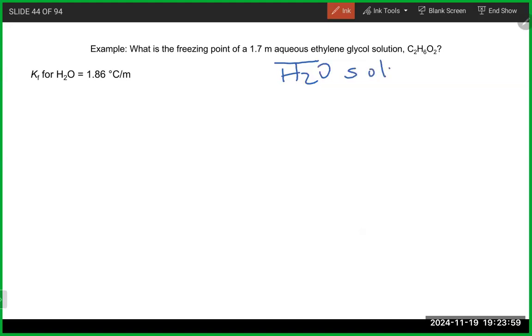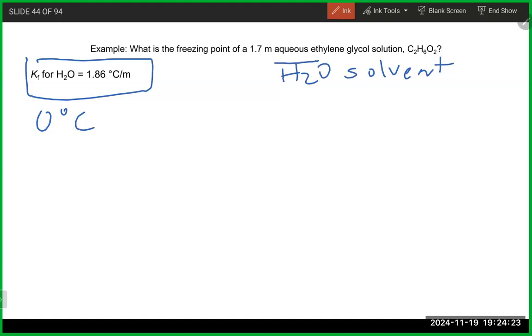That is why when we go to the table here, we're going to be looking for the Kf value for water, which is 1.86. Since we're dealing with freezing point, the freezing point is based off of the solvent as well. So the normal freezing point for water is 0 degrees Celsius in this case.